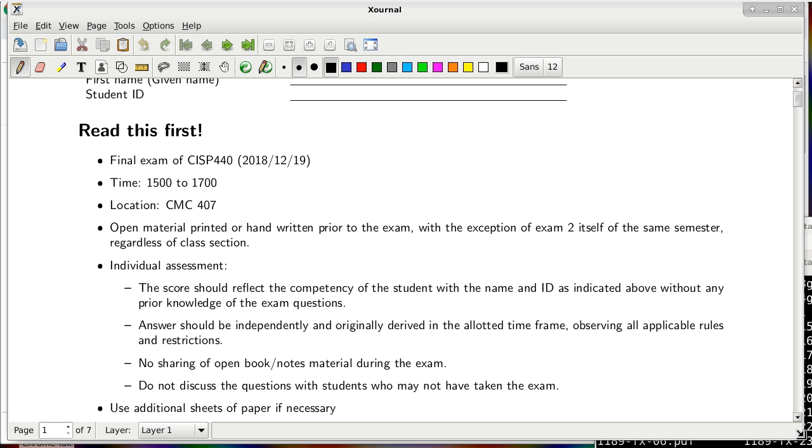So I would assume that people do not possess any knowledge of the questions when they take this test. So this part here is just the usual stuff. Work individually, and so on. Nothing really new. All of this stuff is in your first and second exams as well.